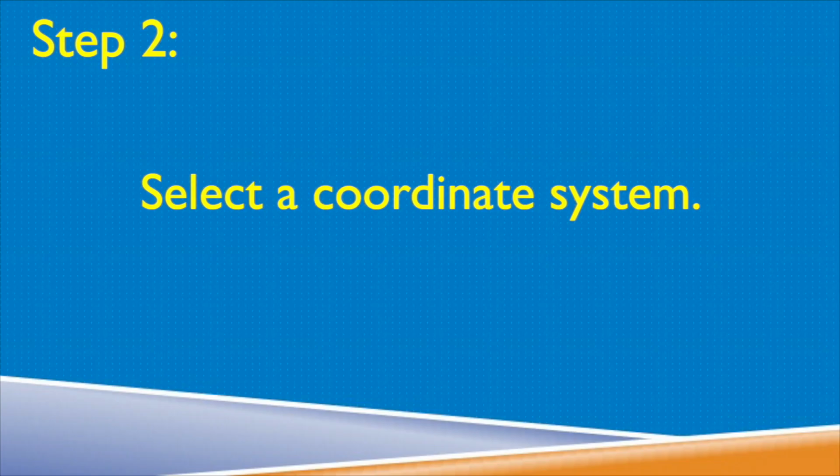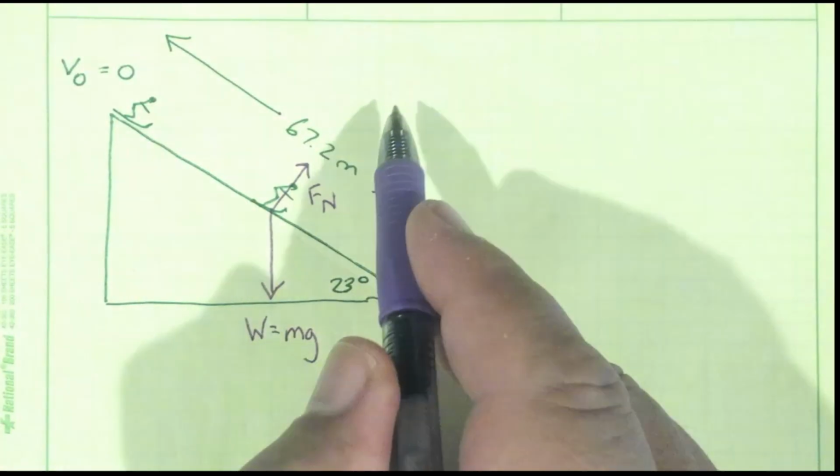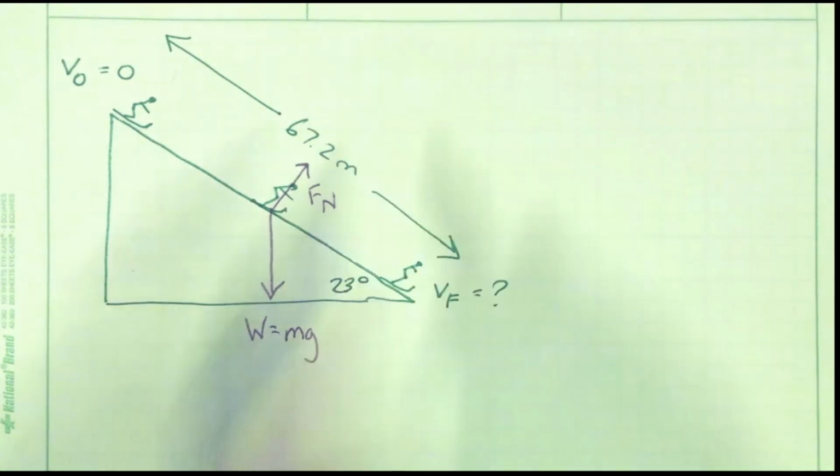Second step is to choose a coordinate system. Now in this case, we could do the traditional X and Y coordinate system, but that would present us with some problems.